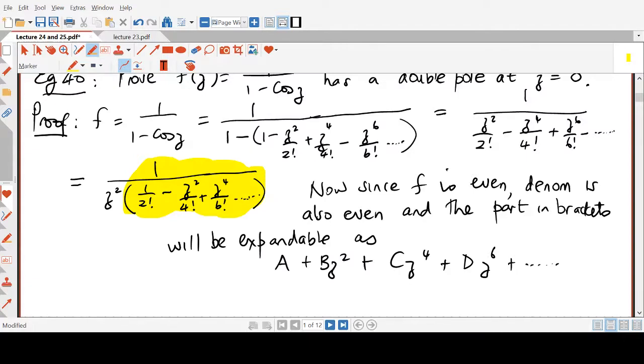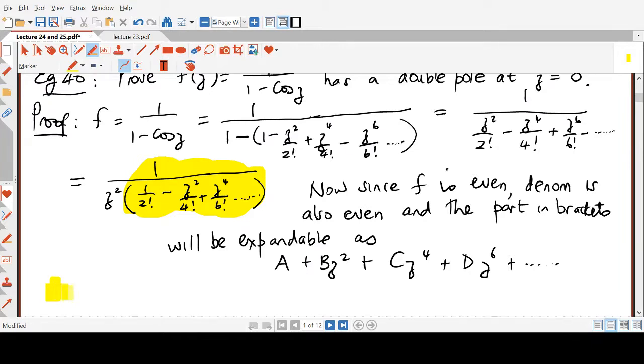I can't really speak about the y-axis now because a complex z is made up of two parts, x and y, or u plus iv. But naively, if you replace z by minus z, it remains the same. Cos minus z is cos z. So it's even. That's why I can argue that it will be a plus bz squared plus cz to the fourth, etc. You won't find cubic terms and fifth powers and stuff like that. That's what I'm ruling out.